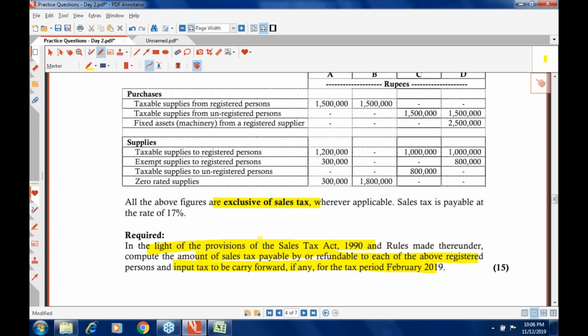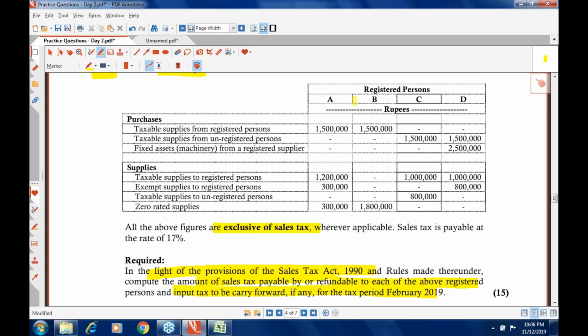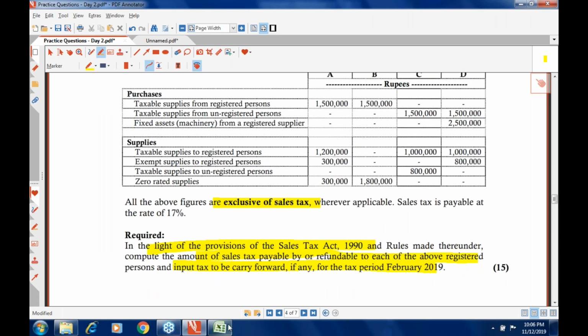It says in light of provision of Sales Tax Act 1990 and rules made thereunder, compute amount of sales tax payable to each of the above registered person and input tax to be carried forward. So basically we need to perform calculation for 4 of these people: registered person A and registered person B, C and D. Now let's try to have a discussion.